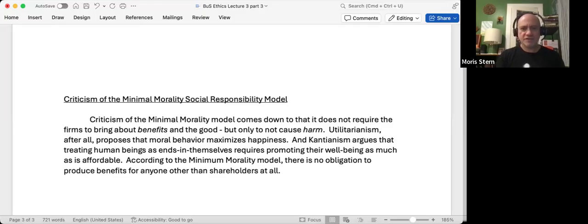And Kantianism argues that treating human beings as ends in themselves requires promoting their well being as much as is affordable. According to the minimum morality model, there's no obligation to produce benefits for everyone other than shareholders at all.